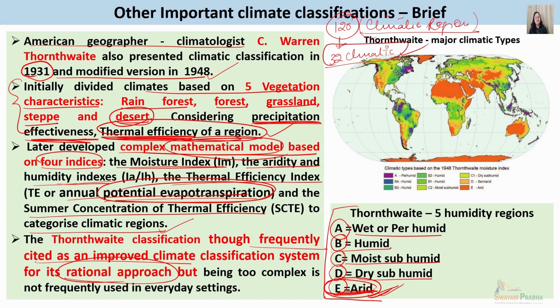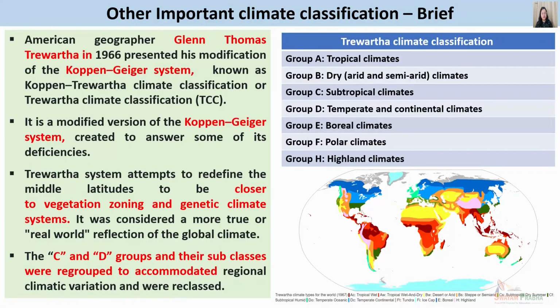It is just here to give you a brief glimpse of what it was, how it was different from Koppen's classification, and why, even though it was so rational in its approach, Koppen's classification is still preferred over Thornthwaite's classification.